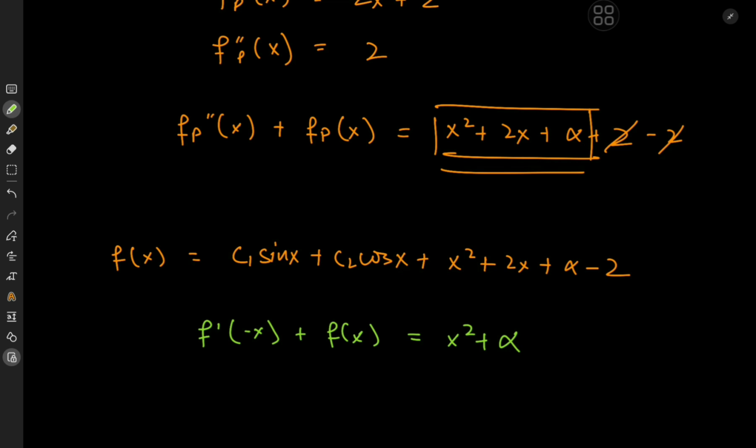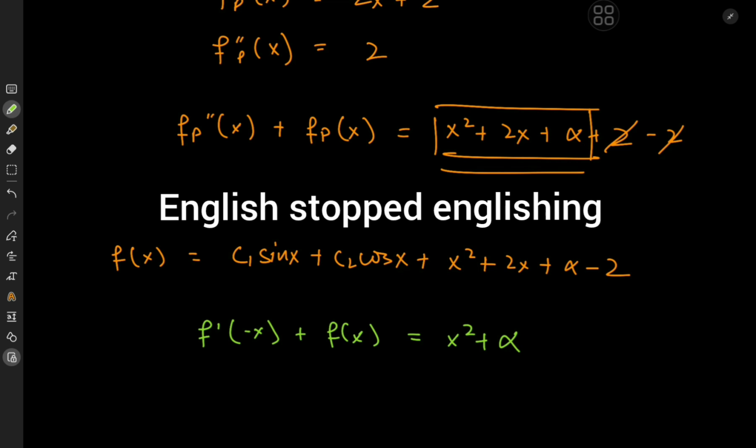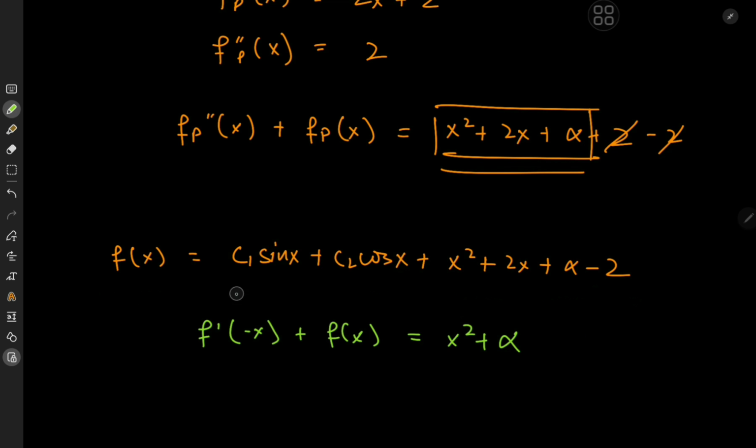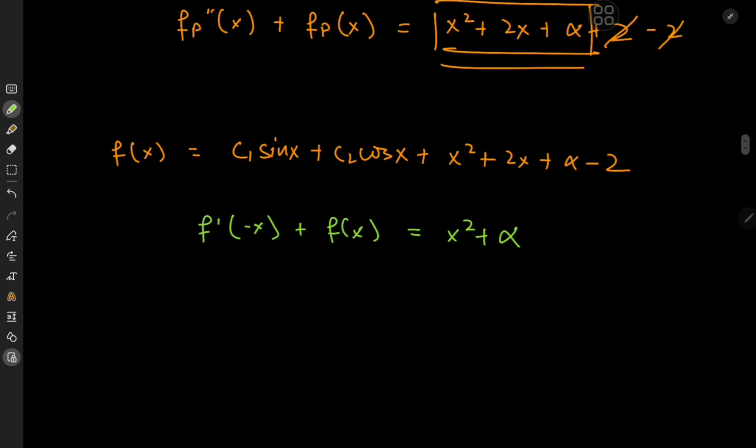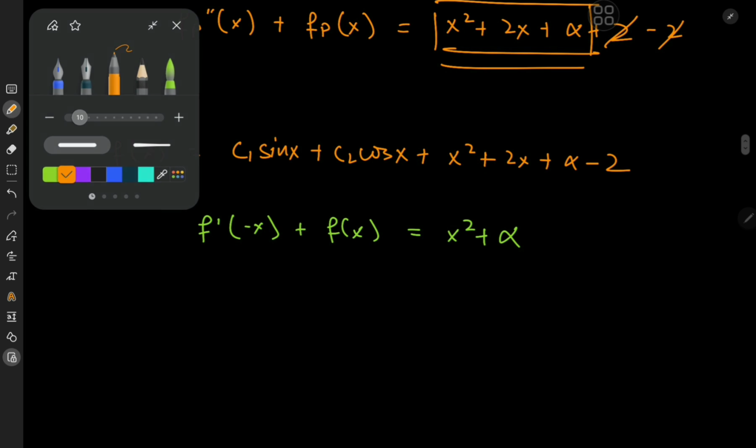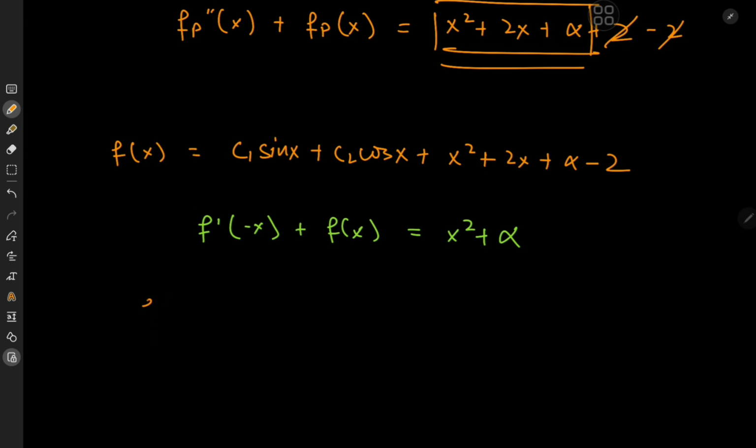One of these constants can be eliminated using the other if we just take derivatives and plug them into this equation. So let me return to the same color. We have f prime of x, that should be c1 cosine x minus c2 sine x plus x squared plus 2x plus 2, and alpha minus 2 vanishes.